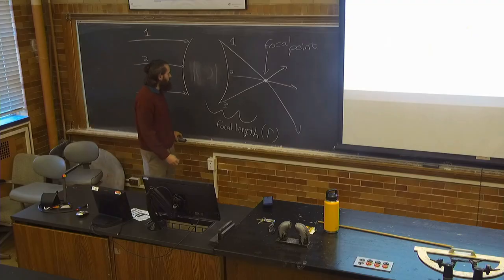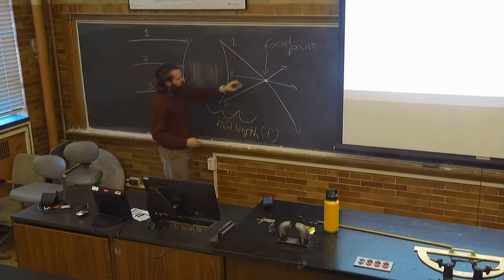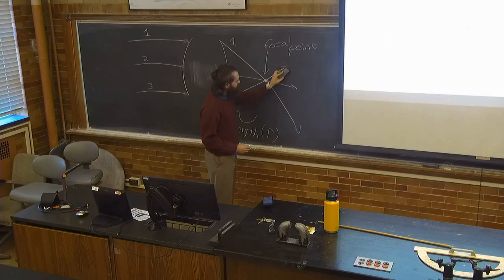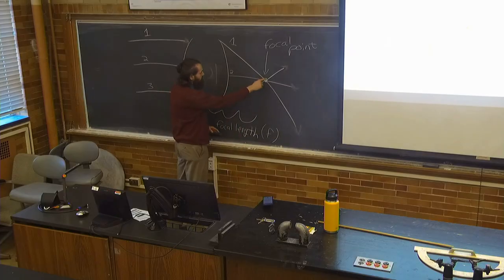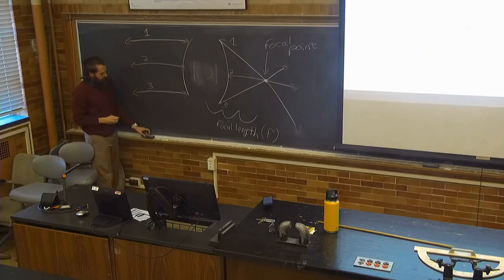Instead of having parallel light rays that are incoming, you could start with an object that you're looking at through the lens. You could have an object here at the focal point, and then light from that object will pass through the lens, and on the other side of the lens the light would be spread out and it would be parallel.